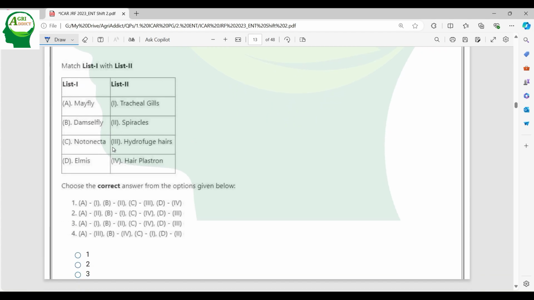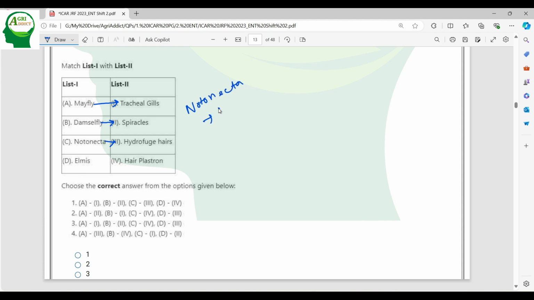Match the following type question. So first is mayfly. So mayfly have tracheal gills. Then damselfly, you all know that damselfly belongs to the Odonata order and mayfly belongs to the Ephemeroptera order. So damselfly, they have spiracles. Then Notonecta. So what is Notonecta?